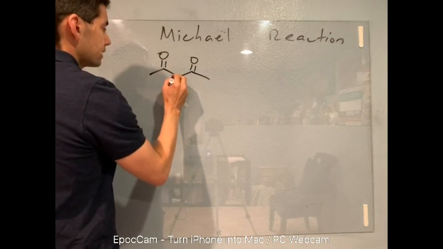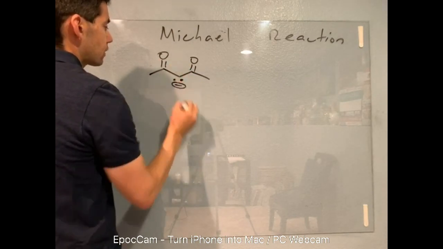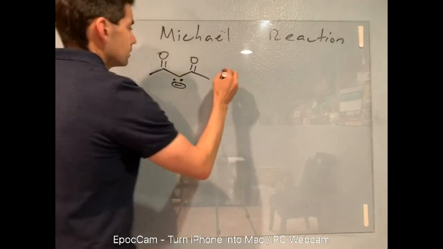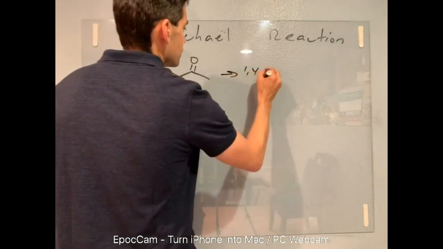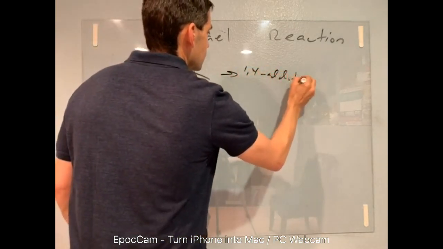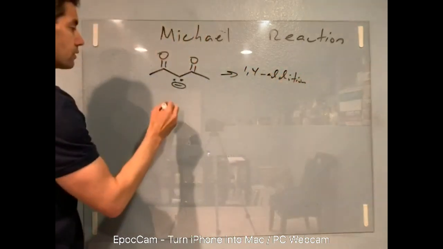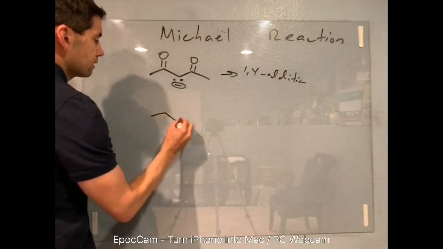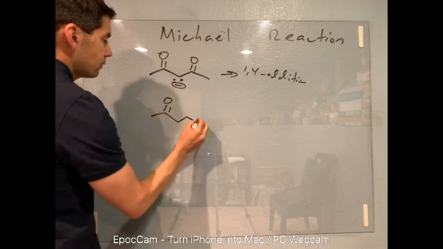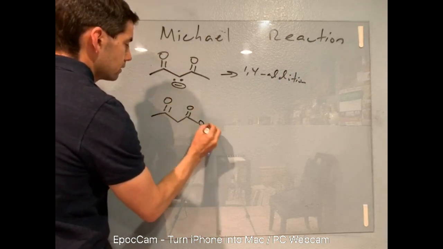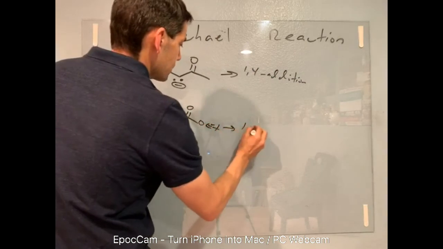So we saw these types of enolates. This would be a great enolate to use for our Michael addition. So this would be a 1,4 addition. We also see enolates like this, things that we saw before. We saw ones like this. This would also participate in the 1,4 addition.